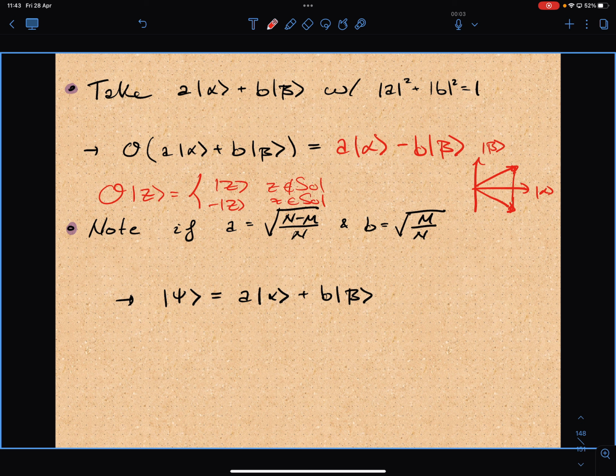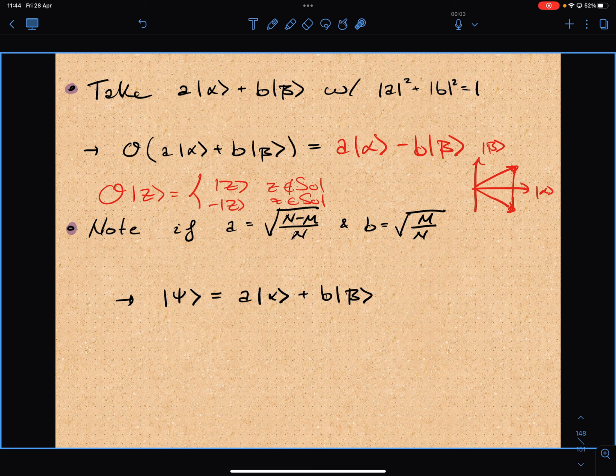And the other remark to keep in mind here is that this psi vector, we can actually write as a linear combination of alpha and beta. It's not too hard to see that if you choose A to be this and B to be this, then the psi vector is going to be this linear combination.